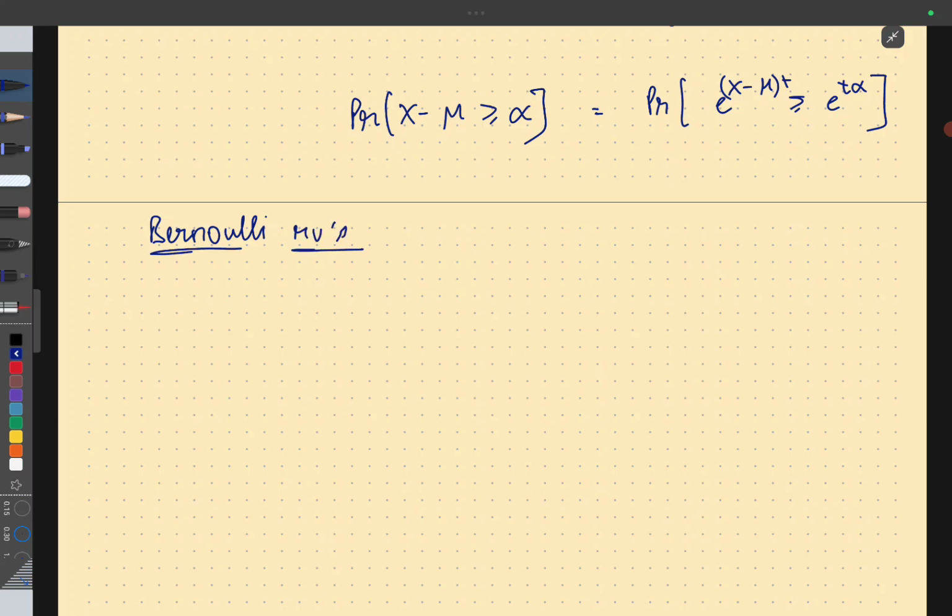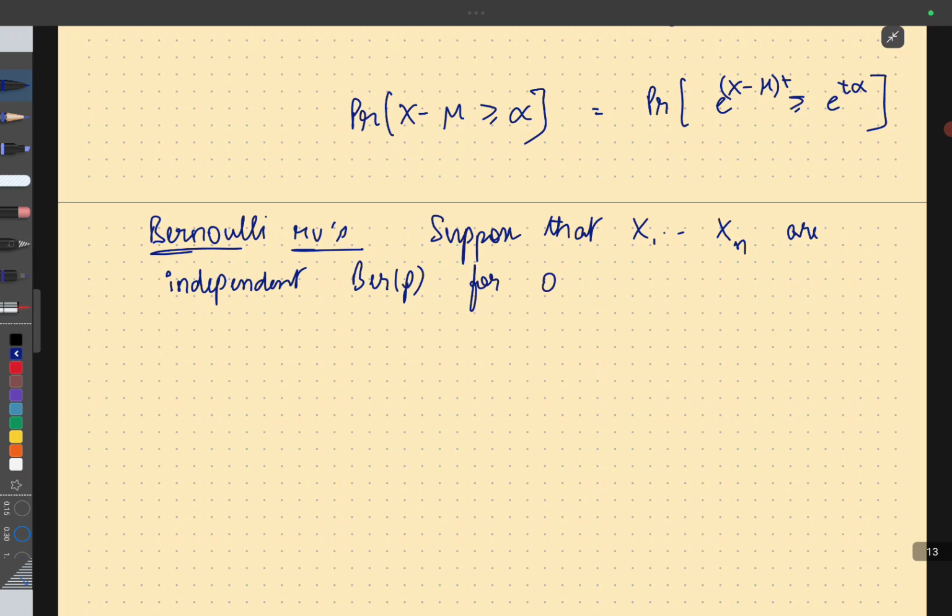All right. So for Bernoulli random variables, in particular, suppose that x1 through xn is a sequence of random variables which are all independent of each other and all Bernoulli, for some p between 0 and 1.